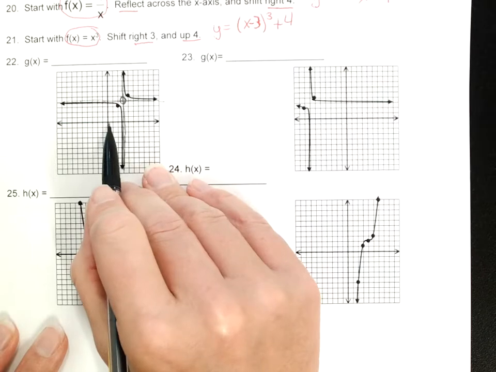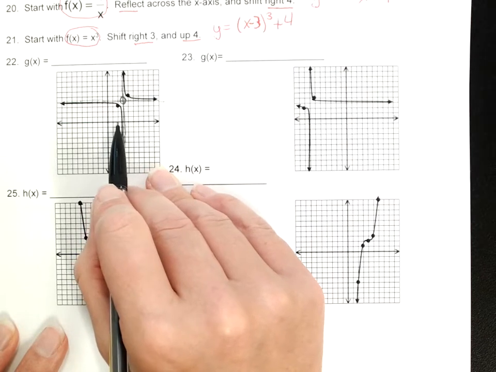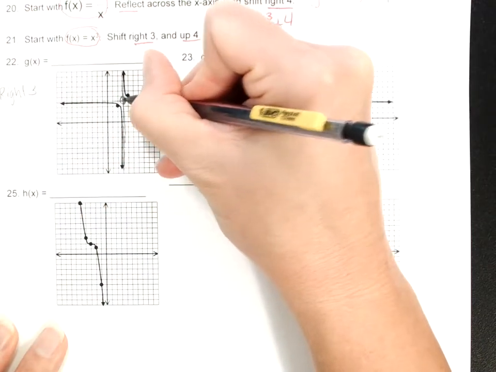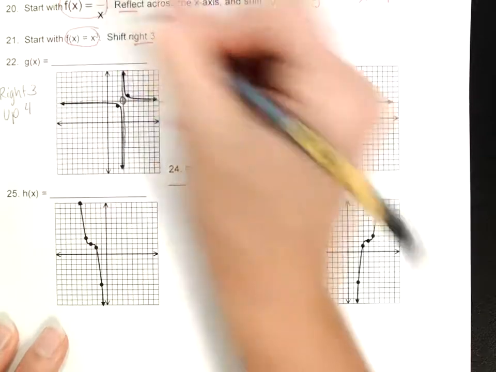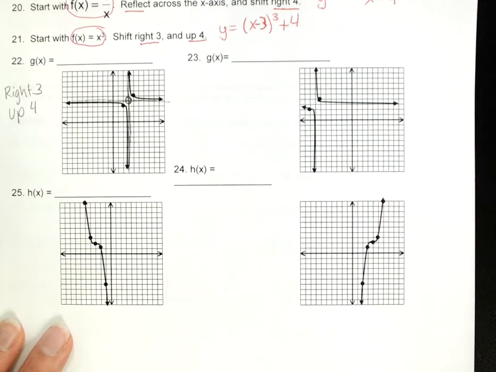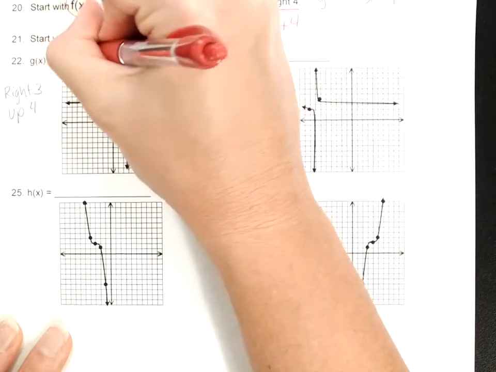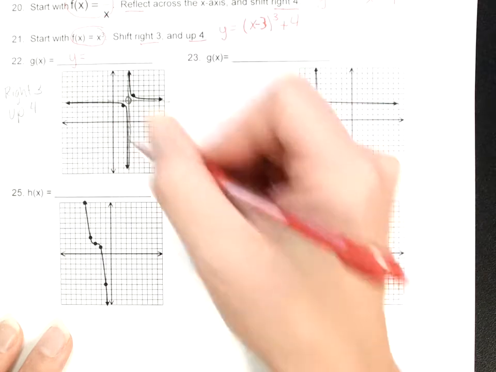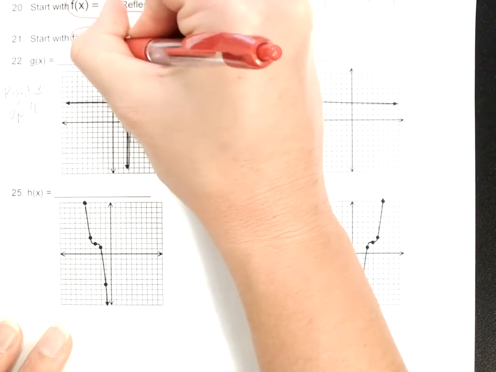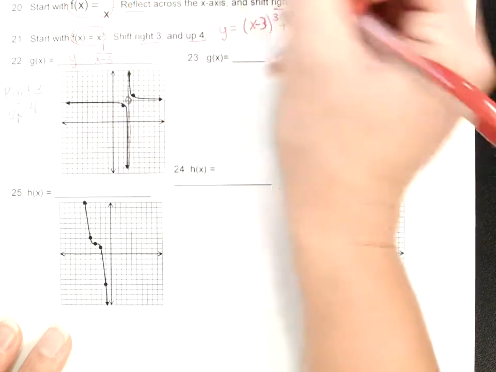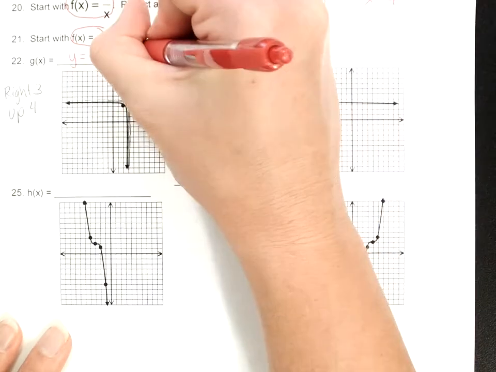It looks like my graph has moved to the right 1, 2, 3, right 3, and up 1, 2, 3, 4. I can write my equation from here.